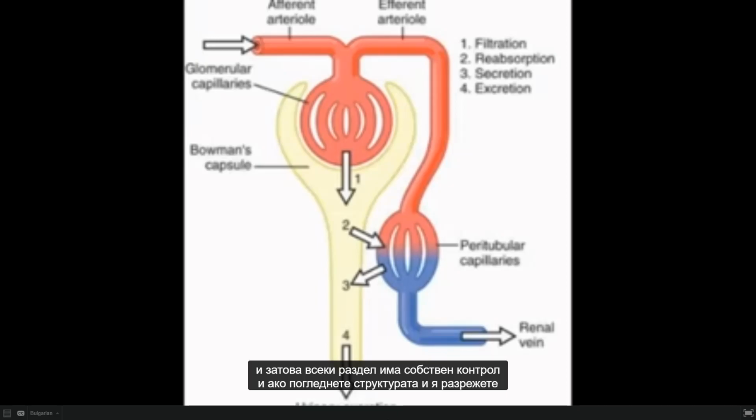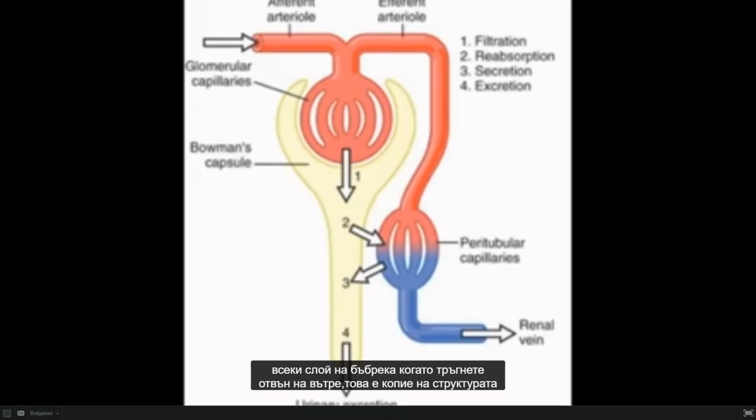If you look at the structure and cut through it, you see the shape of the brain and the shape of the kidney, exactly the same. The reason is that each layer of the kidney, as you go from outside to inside, is a copy of the gravitational magnetic field strength structure of the brain.